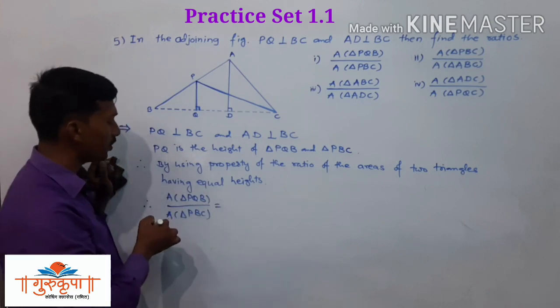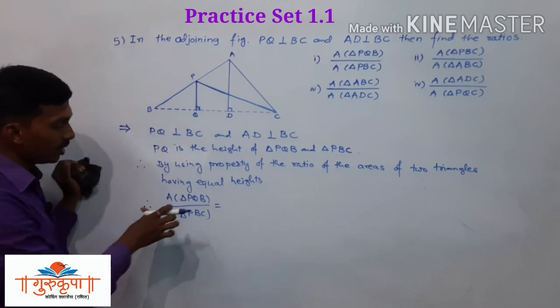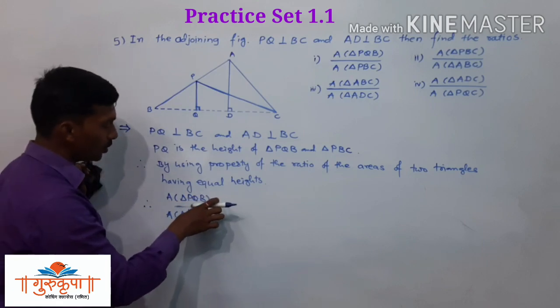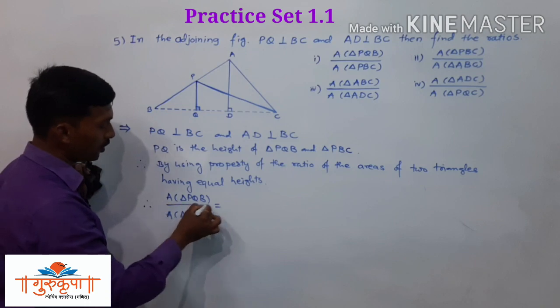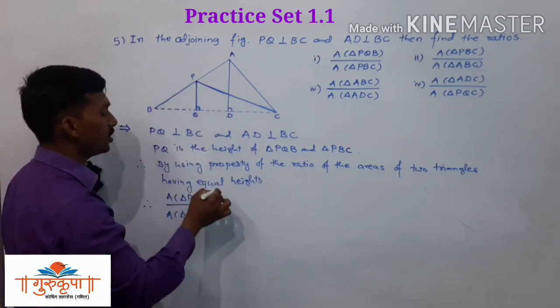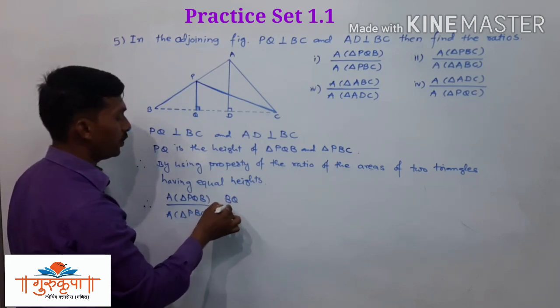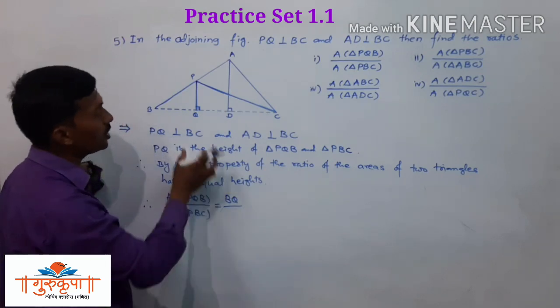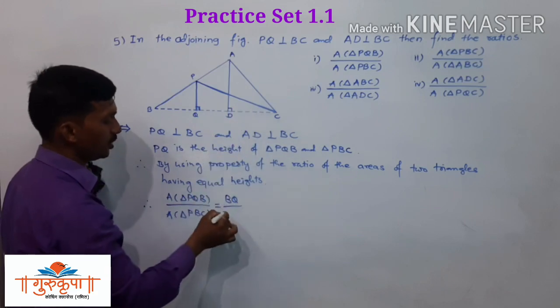Since the ratio of the areas of the two triangles is equal to the ratio of their corresponding bases, now we will write the base of triangle PQB, that is BQ, upon the base of triangle PBC, that is BC.